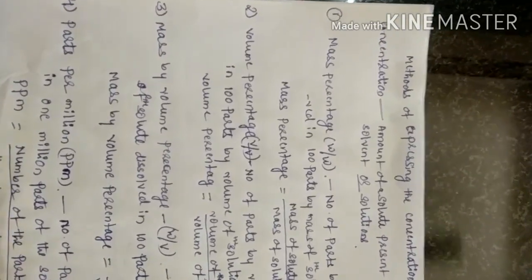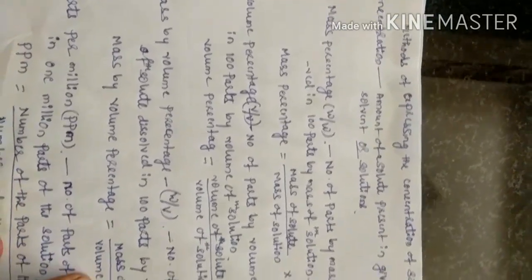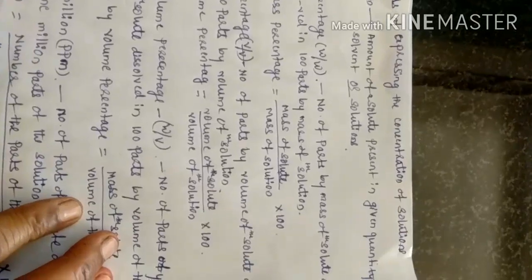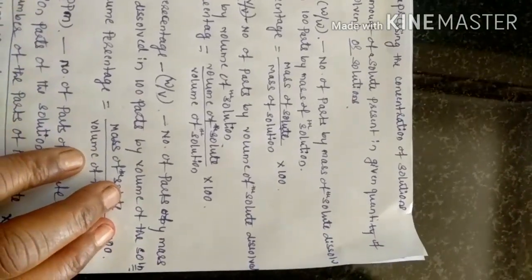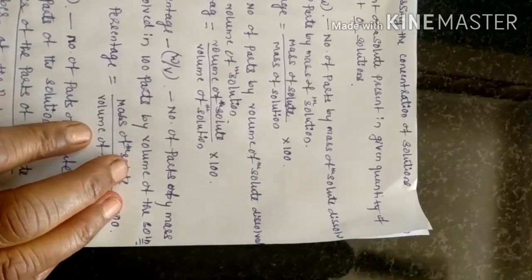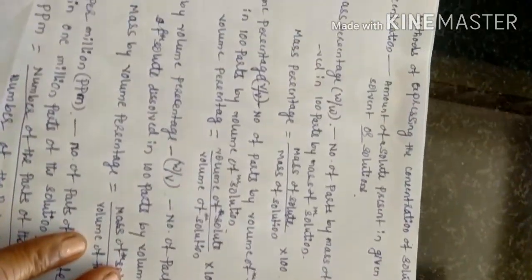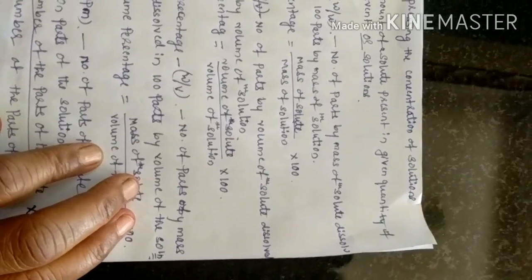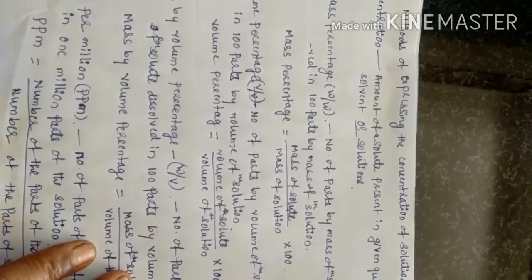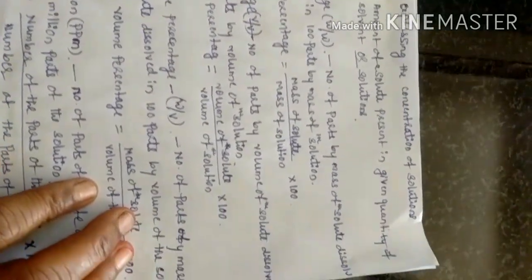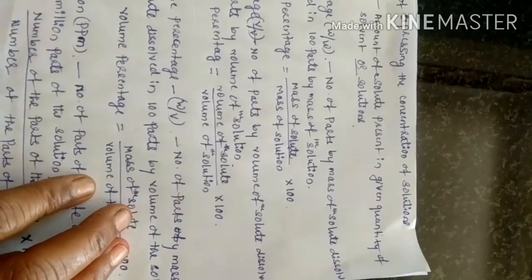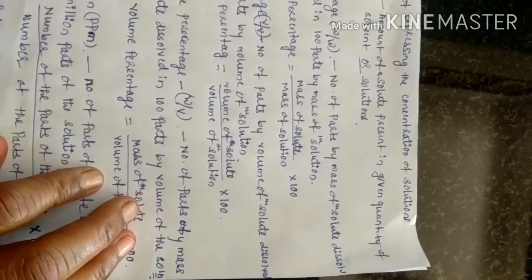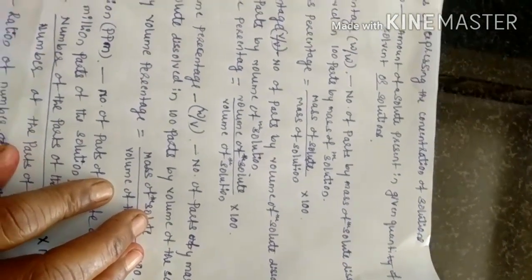Number 1, mass percentage. Mass percentage is defined as the number of parts by mass of the solute dissolved in 100 parts by mass of the solution. Mass percentage equals mass of the solute divided by mass of the solution multiplied by 100.